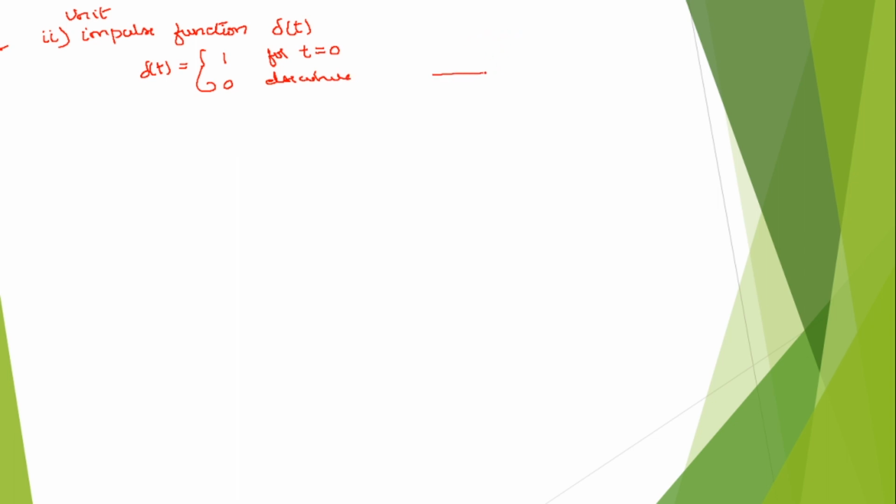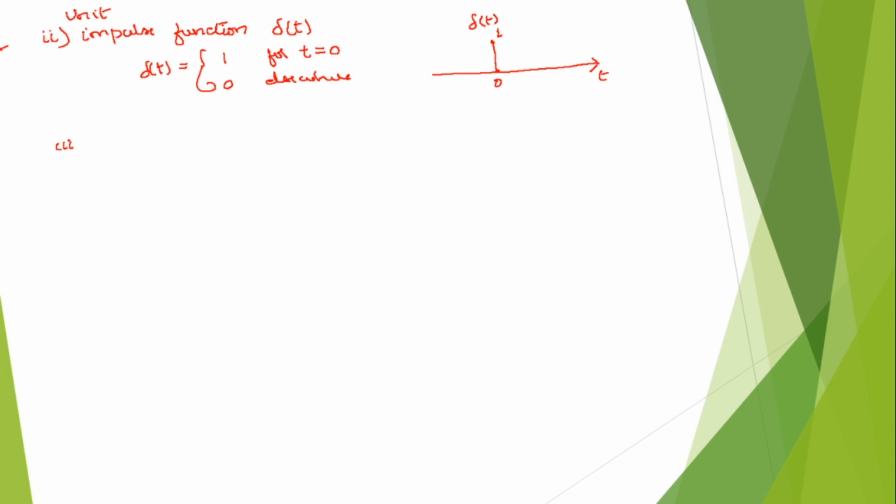That means at t equals 0, its value is 1. So this is delta of t. Similarly, delta of t minus t naught and delta of t plus t naught can be analyzed similar to the step function. In detail, we will study while applying this.